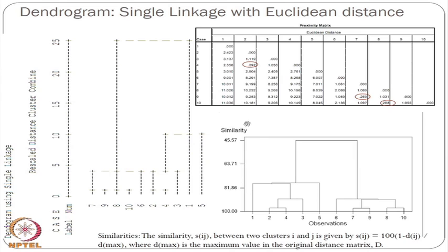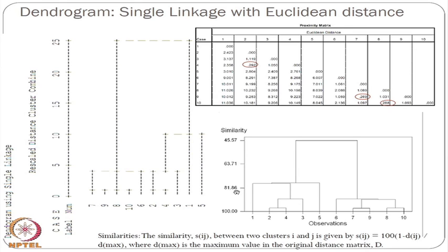The difference between this and this is that here the distances are given, scaled, and here we are talking about similarity. Suppose I take this point, 81.86, and draw a horizontal line with respect to this x axis, you will find intersections with vertical lines: 1, 2, 3, 4.